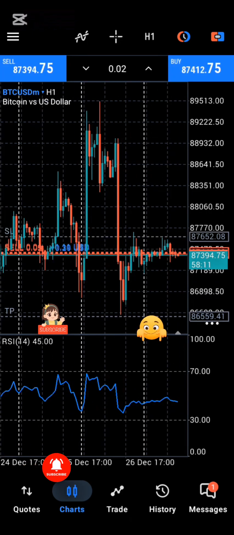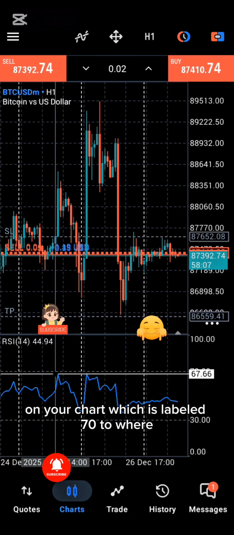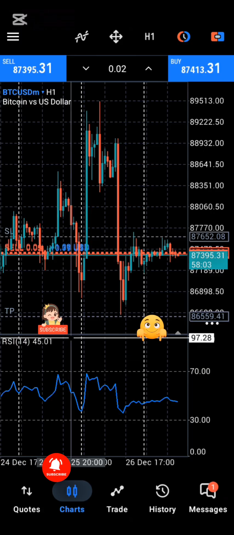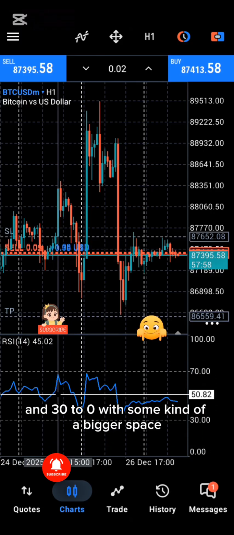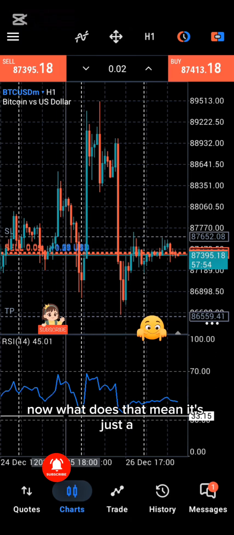So if you check here under your chart, you will notice that the RSI is labeled 70 to 100 and 30 to 0, with a bigger space compared to the stochastic. Now, what does that mean?